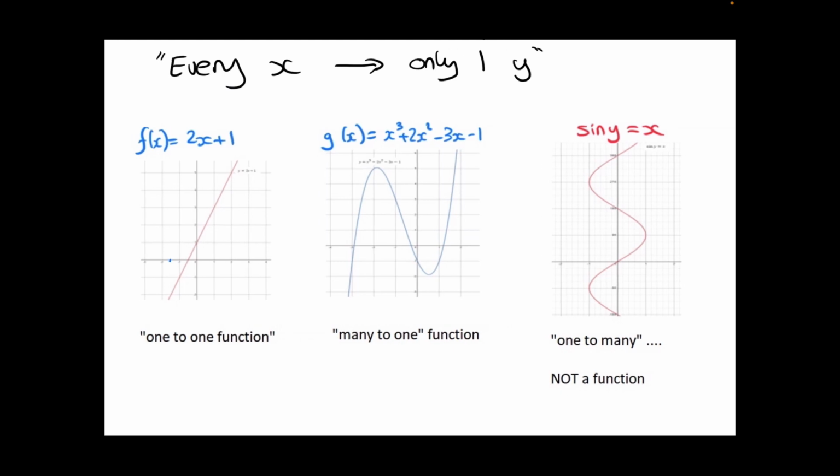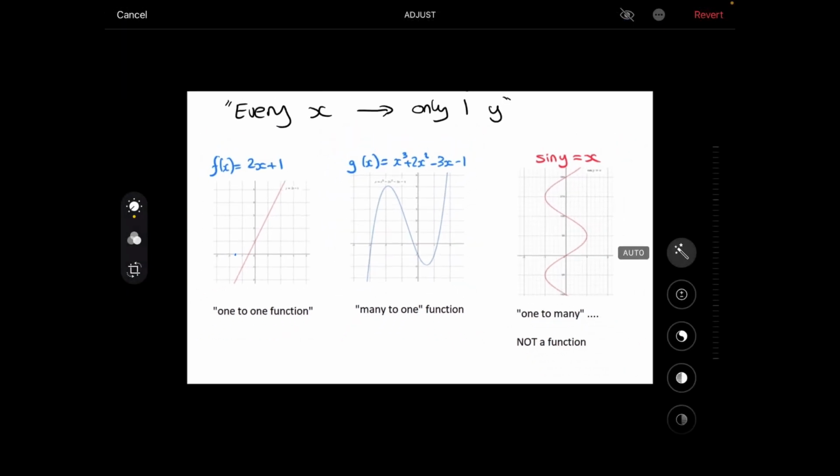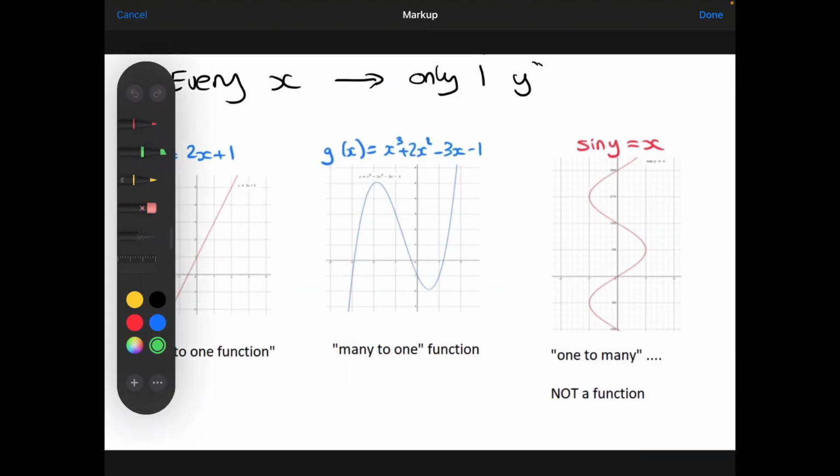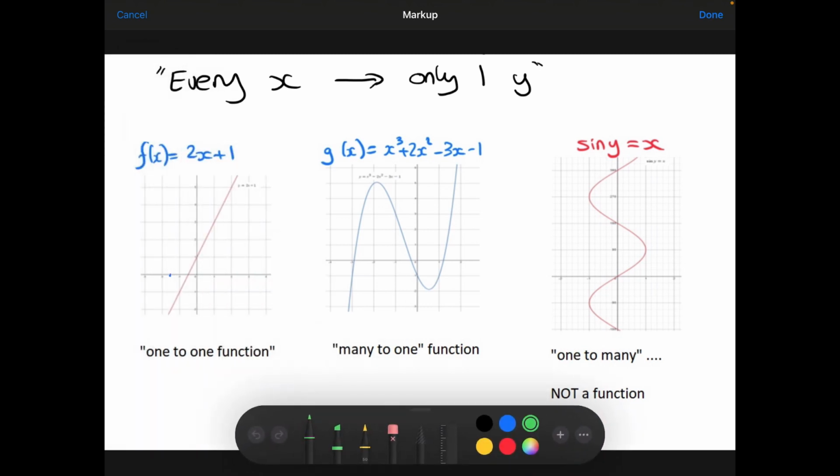Let's have a look at a few examples that will hopefully help me explain that a bit better. So here I've got two functions and one mapping that is not a function. The first one, f of x is equal to 2x plus 1.